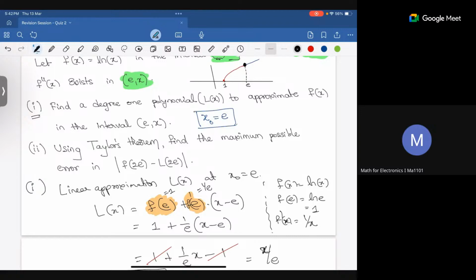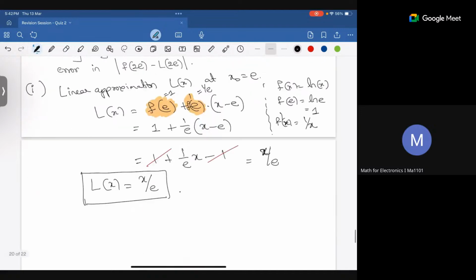Now the next part is about using Taylor's theorem to find the maximum possible error in f of 2e minus L of 2e.